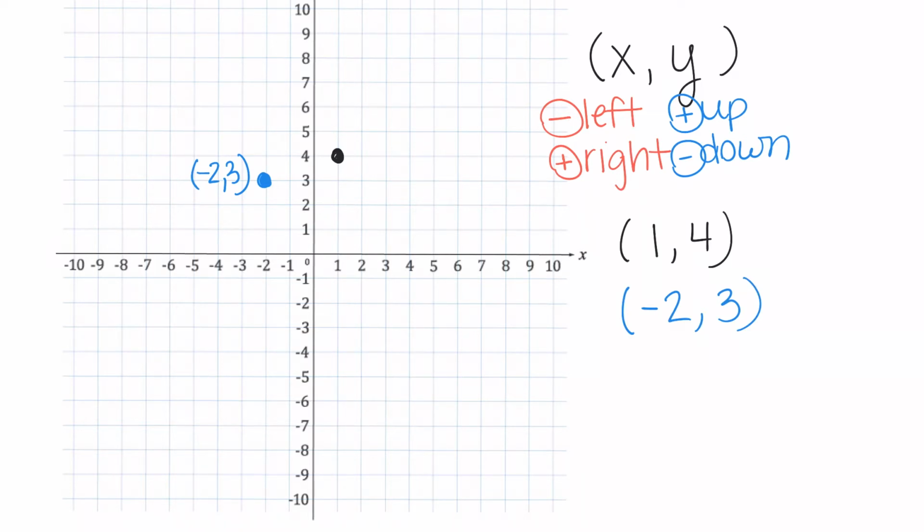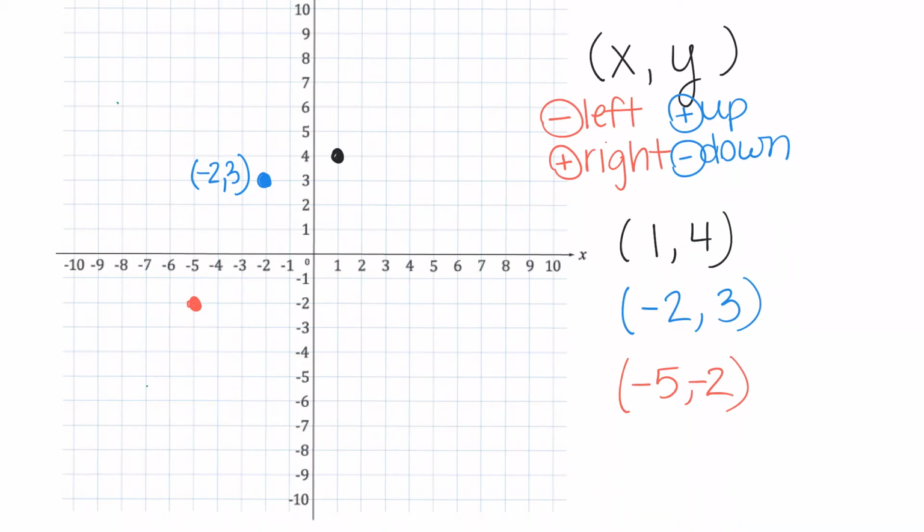Let's try another one. What if we talk about the coordinate (-5, -2)? In that case, we're going back to the origin. We're going to go over to -5 because we know we go to the left for negative x's. And this time we're going to go down to -2, and we're going to plot our point right there.